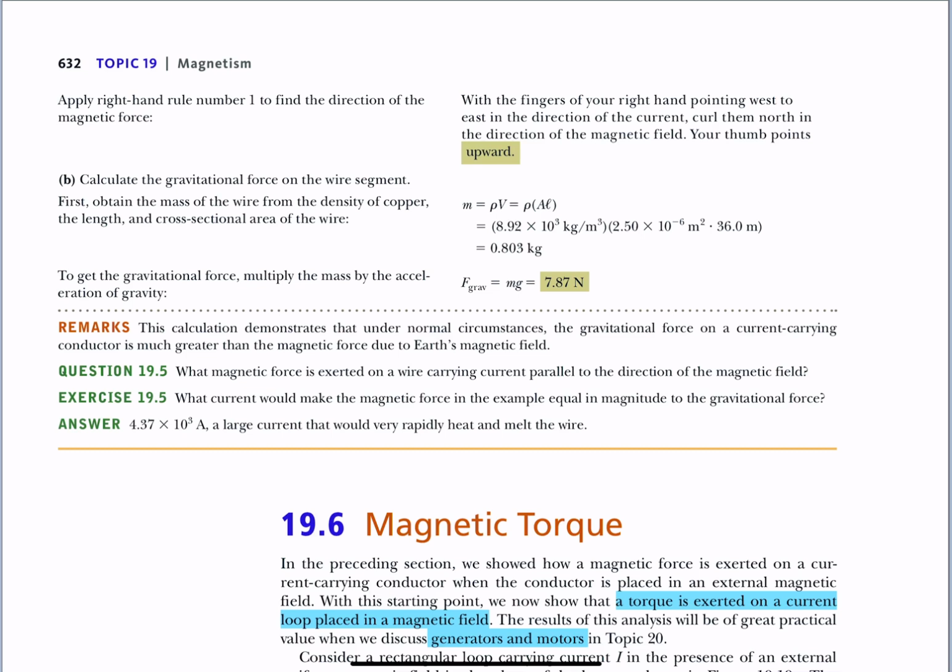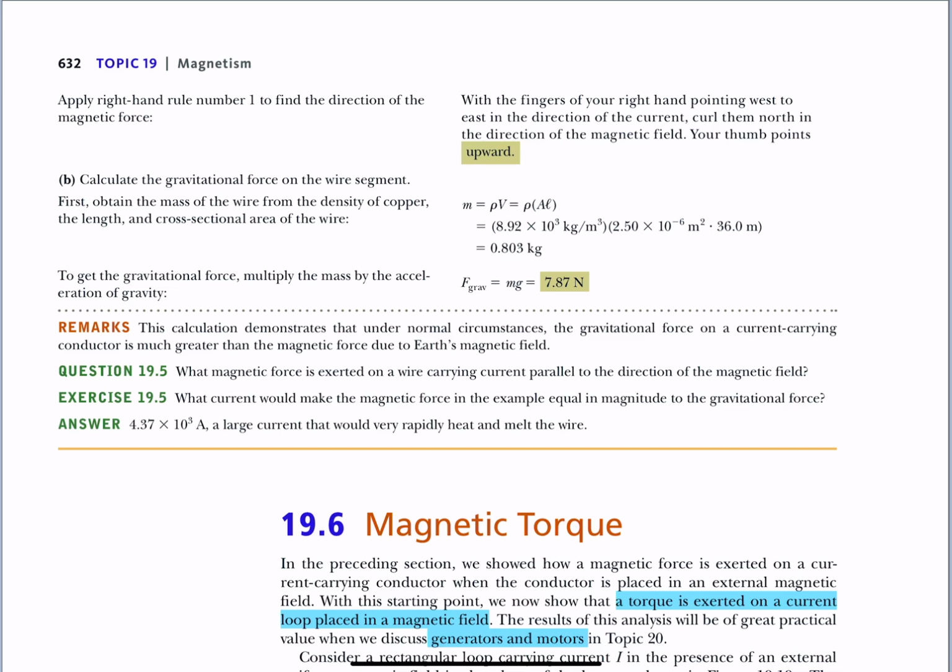And if you used your right hand correctly, you will notice that this would be pushing the wire upward as the current is going through the wire in the Earth's magnetic field. Gravity, of course, is going to pull it downward.